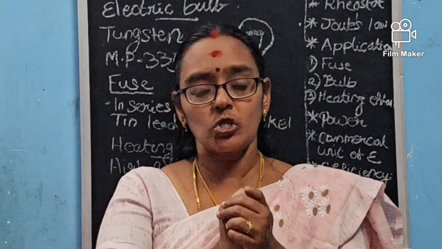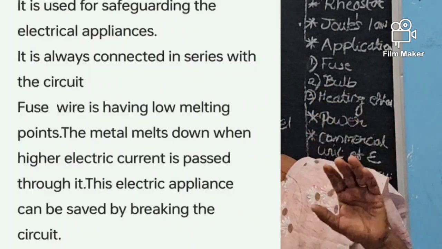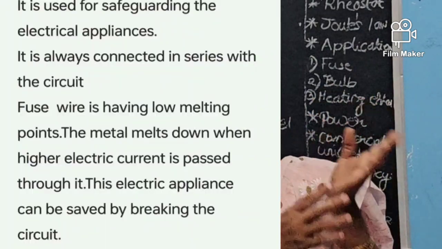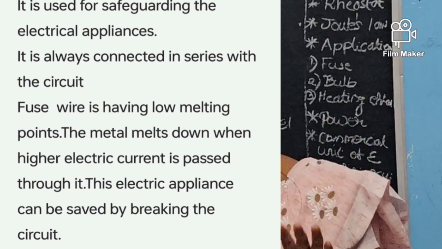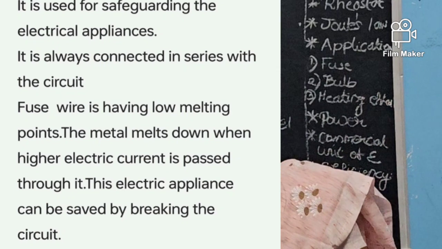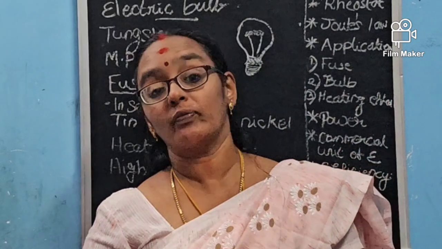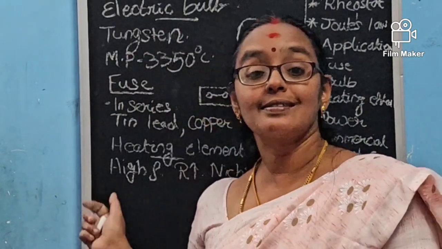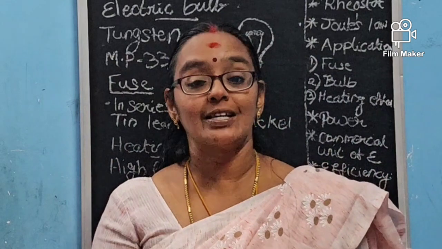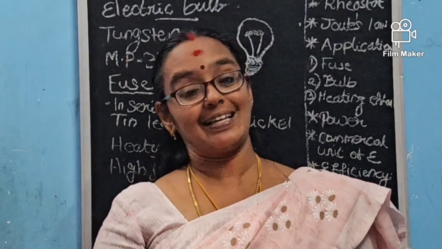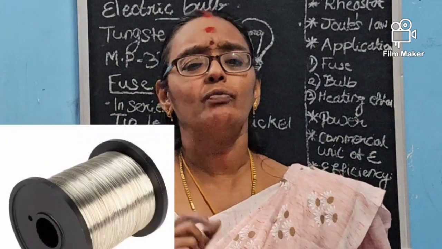So the electric devices connected along with it will not receive the high electric current, and they will be saved from getting damaged because of the high current. Actually, the electric fuse acts as a safeguard for these electric devices. Fuse wire is made of tin or lead.